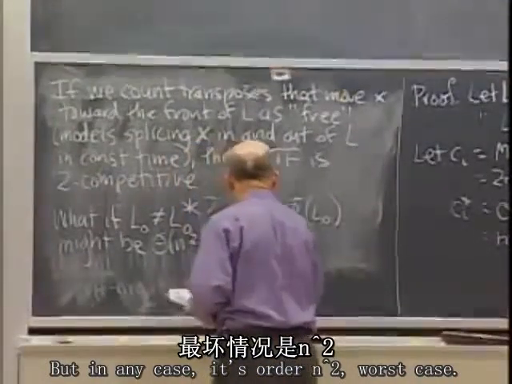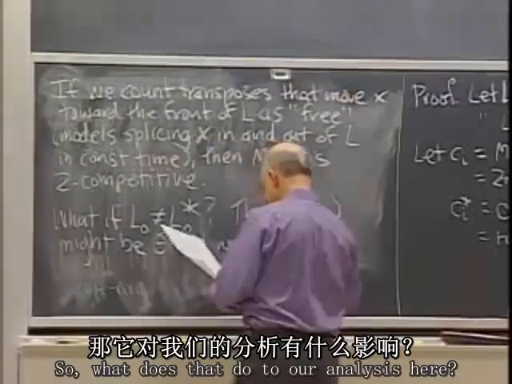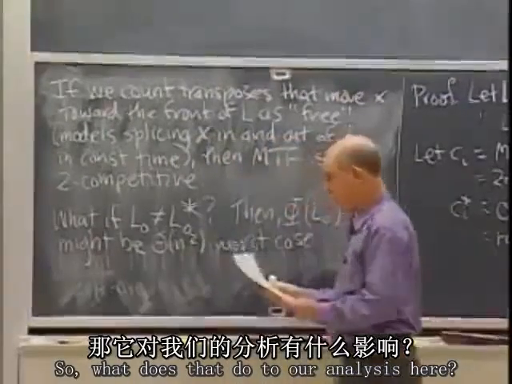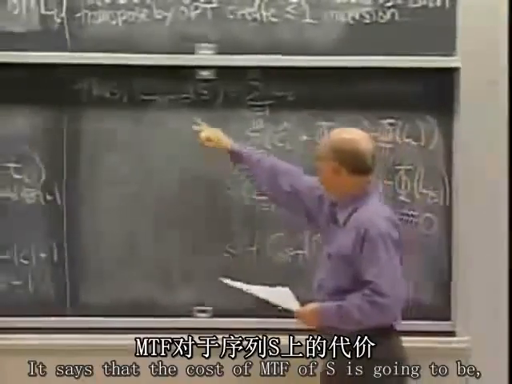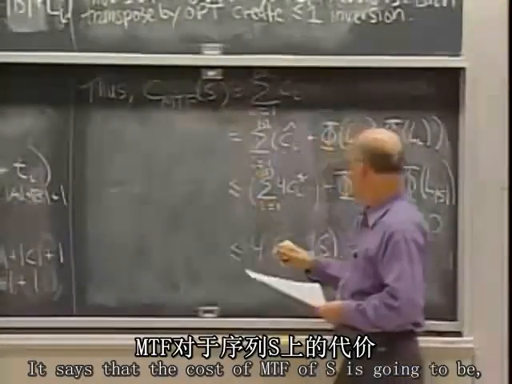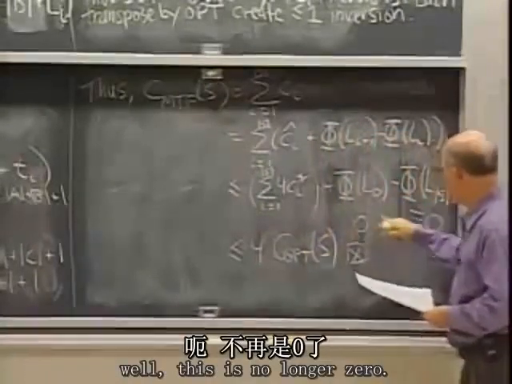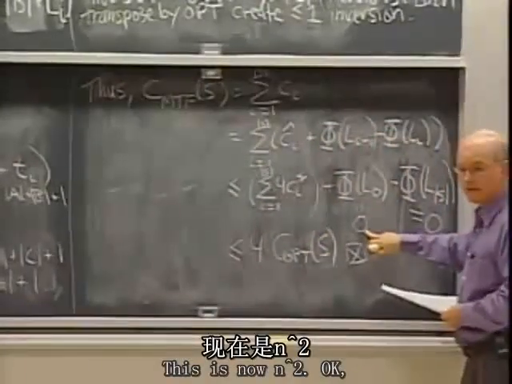Worst case. So what does that do to our analysis here? It says that the cost of MTF of S is going to be, well, this is no longer 0. This is now n squared.